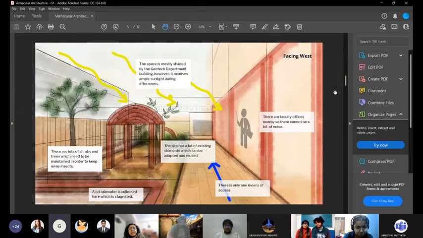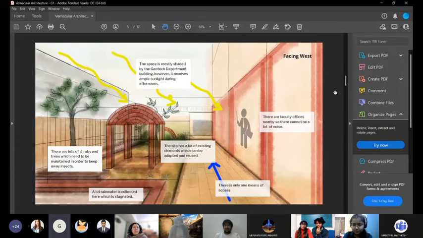Then there were a lot of plants, which is good in the sense that it gives a very greenery type of feeling to the place, but it also attracts a lot of insects and mosquitoes. The other problem was rainwater collection, because the water collects as a pool whenever it rains, since the rainwater channels have all been clogged up.